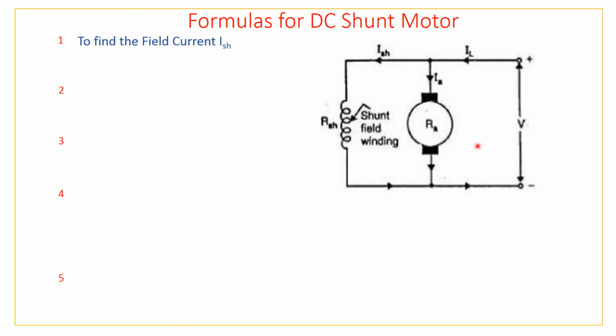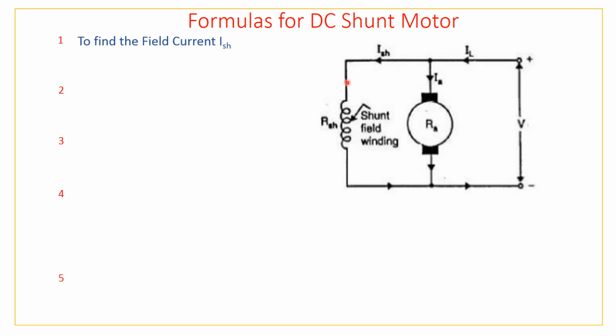Generally in the numericals they will mention the field resistance as well as the armature resistance, and the voltage will also be mentioned. So you will know the voltage and you will know the resistance. Then how to find the current ISH? The current ISH is the field current which will flow in the shunt field winding.